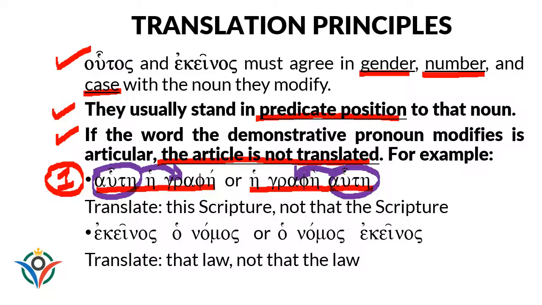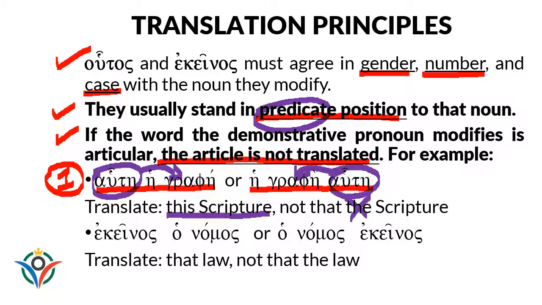In both patterns, they're standing in the predicate position. So how would we translate that Greek text? We would translate it as this scripture. All right, not that the scripture. All right, so we don't need to include the in our English translation.